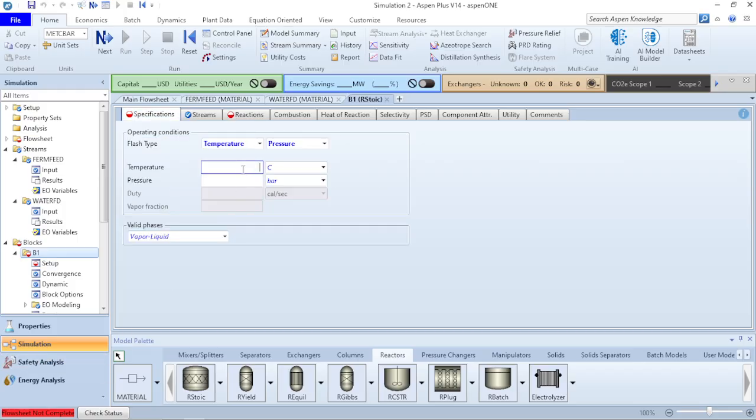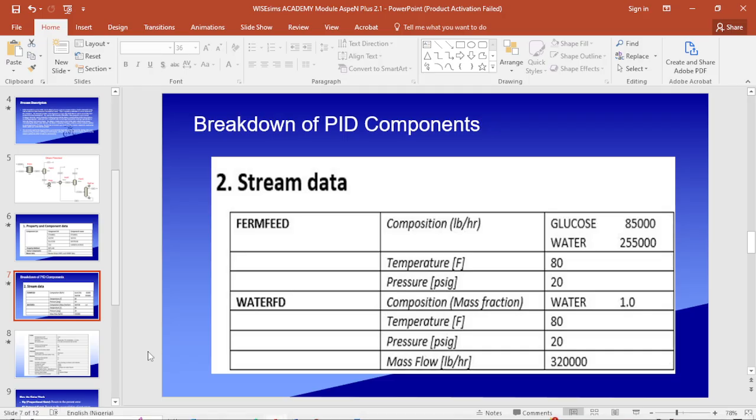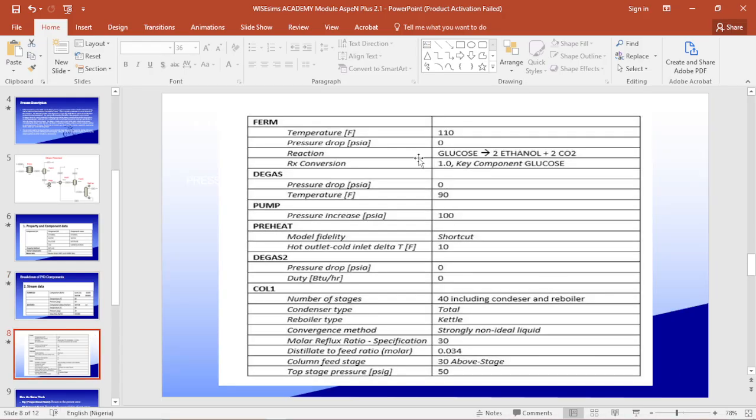All right, so now let's check the operating conditions for our fermenter. All right, so for our fermenter, we are working with 110 Fahrenheit, working with 0 psia, and then this is our reaction. That's glucose equal to 2 moles of ethanol to give us 2 moles of CO2. All right, the reaction conversion is 1.0. Key component is glucose. So let's get back.